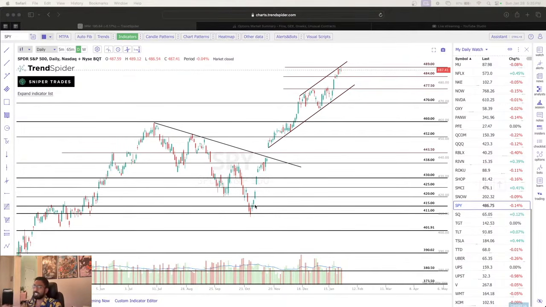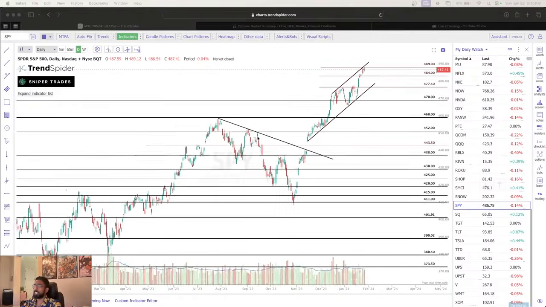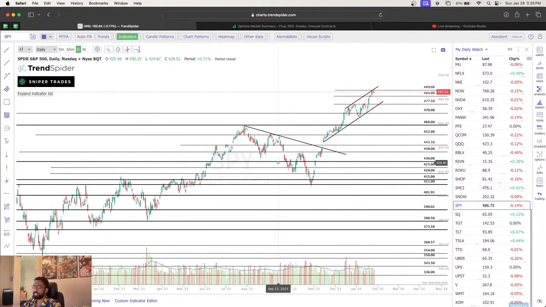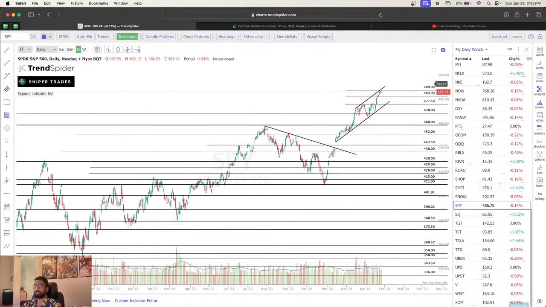And another thing that I see in a lot of charts posted by quite a few traders, which irritates me quite a bit, is they have hundreds of trend lines.